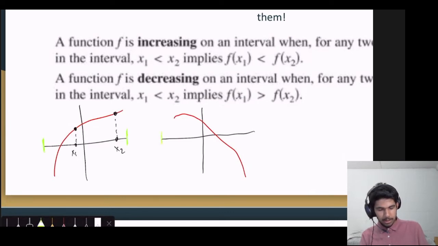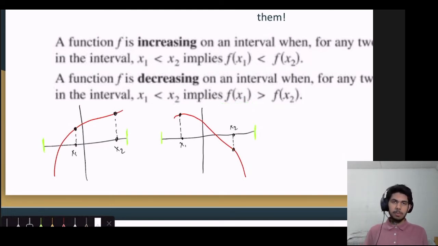It looks like it's decreasing, because as we go right, it's going down. And it is. Once again, let's just take any two x points. I'll just say that's x1. We'll say this is x2 because x1 needs to be less than x2. And if we take the function evaluated at x1 and the function evaluated at x2, we see that f of x1 is greater than f of x2.